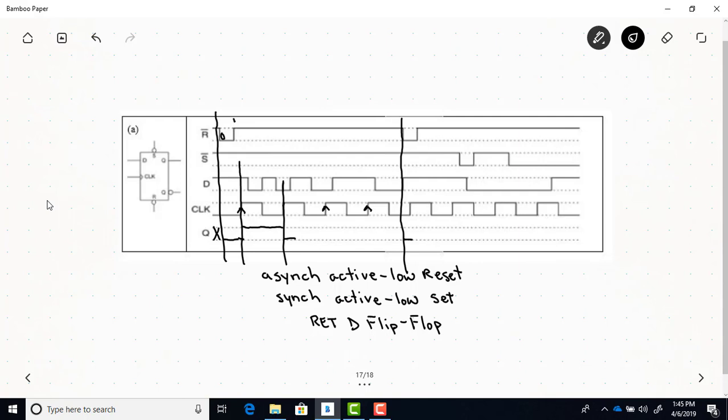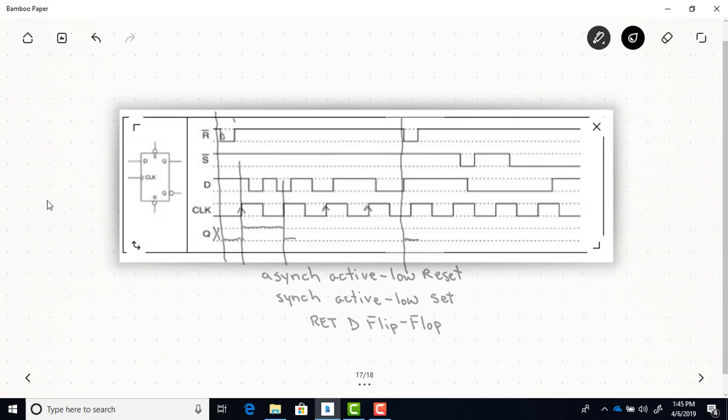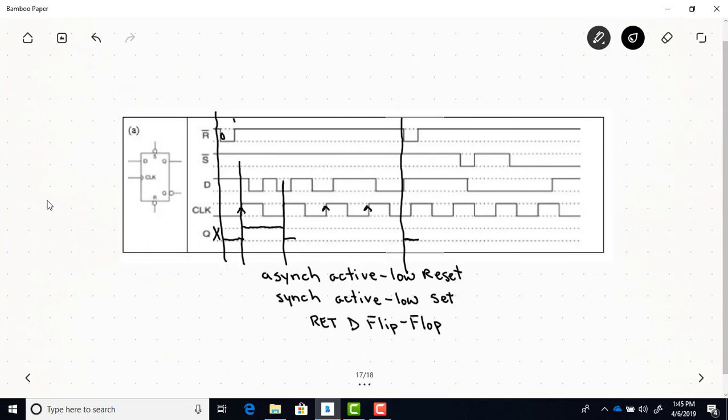So once it's activated, it's going to happen. So it's going to make Q equal to 0. And you can see that during the time of this rising edge, the active low asynchronous reset is activated, so that clock edge isn't going to matter.